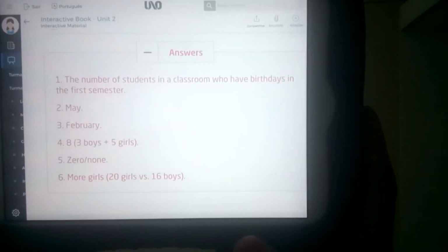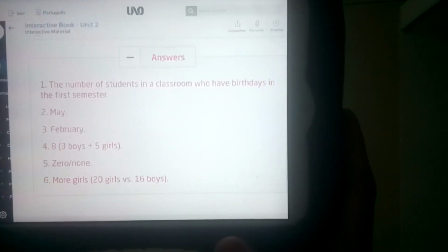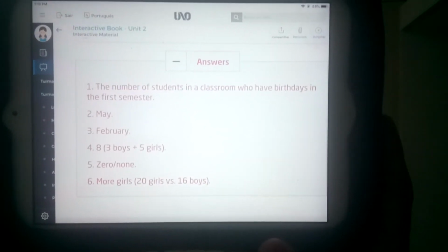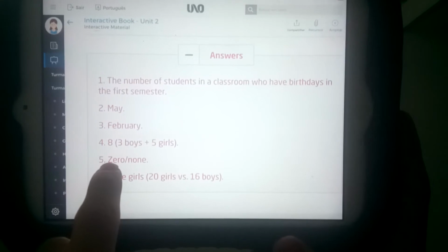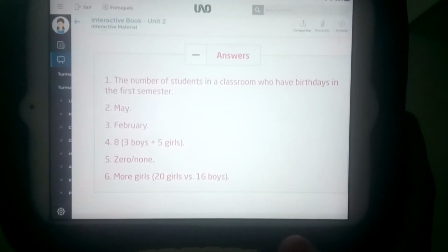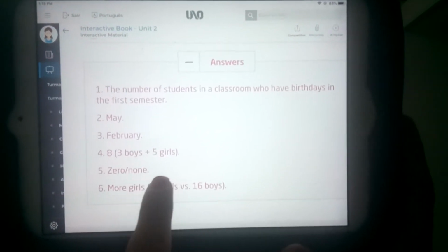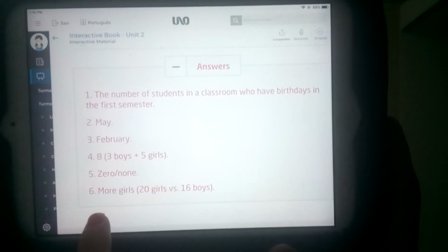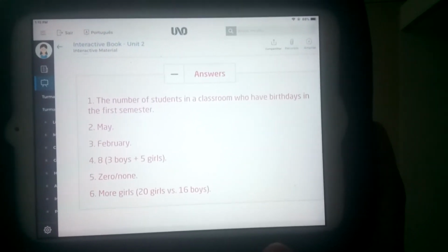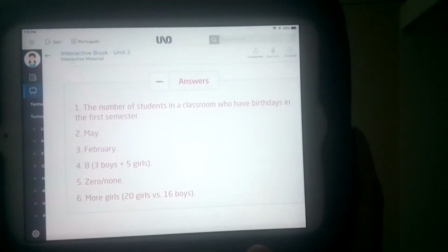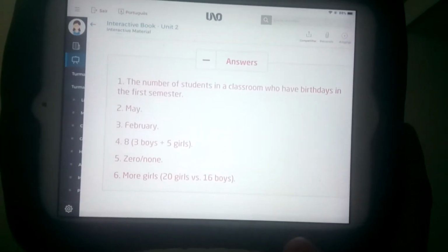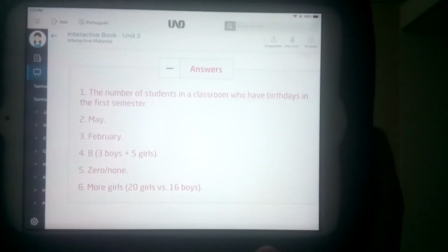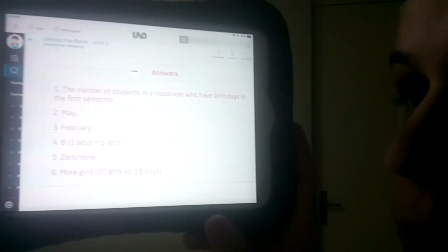How many birthdays are there in January? 8. 3 boys and 5 girls. How many boys have birthdays in April? 0 or none, nenhum. And 6. Are there more girls or more boys who have birthdays in the first semester? More girls, 20 girls and 16 boys. Okay, so these are the answers.